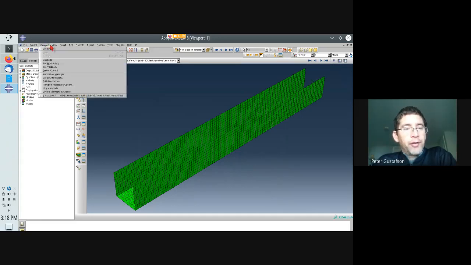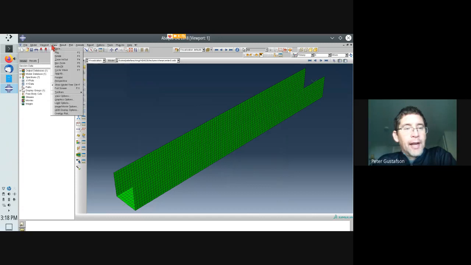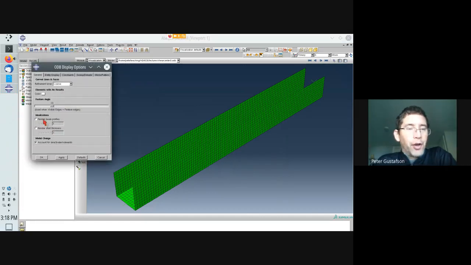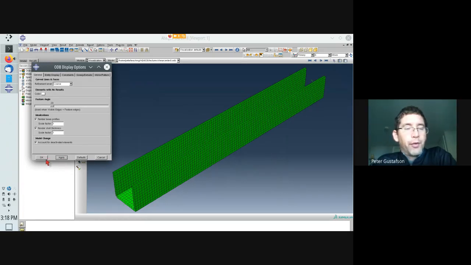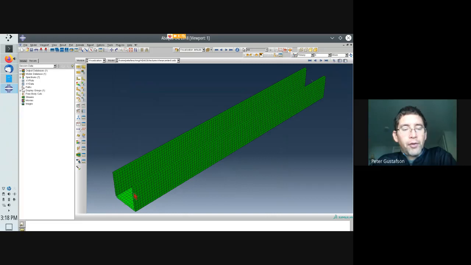And of course, as I hinted at last time, I like to go through and choose these ODB display options to make the shells look more physically relevant. The shells that I defined for this particular model were 1 millimeter thick for a 100 millimeter long structure. It is fixed at one end.